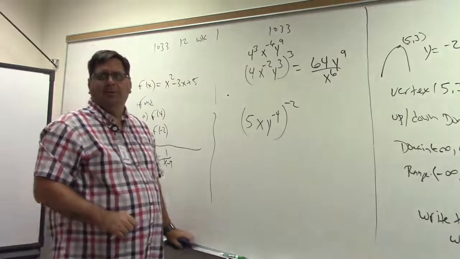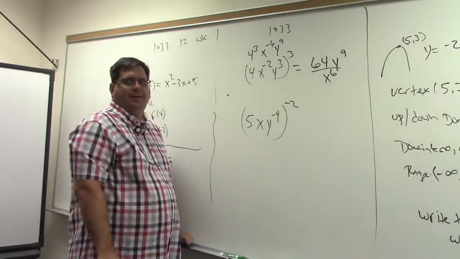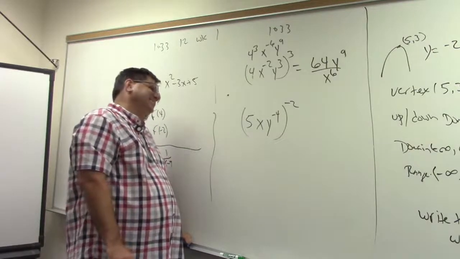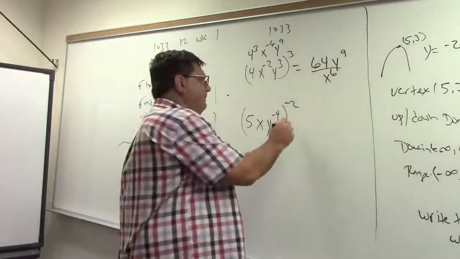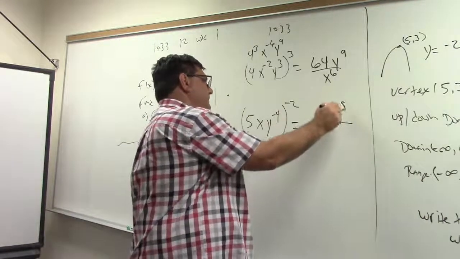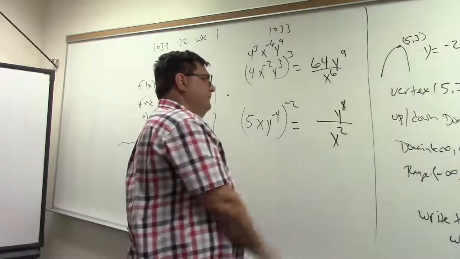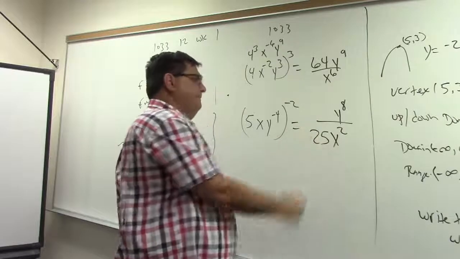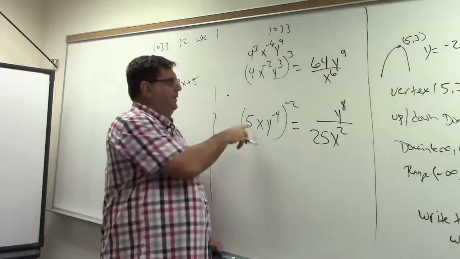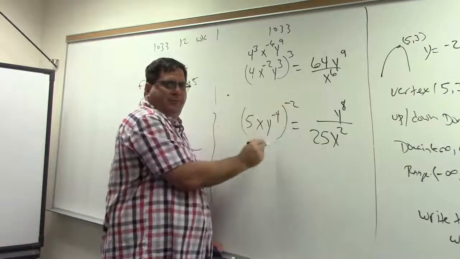This one right here. 25y over 8, I mean, I can't see. Split that. Okay, y raised to the 8, and then x, yeah, 2. Well, where's your 25? Why did it go there? Not done there. 5 raised to the negative 2.